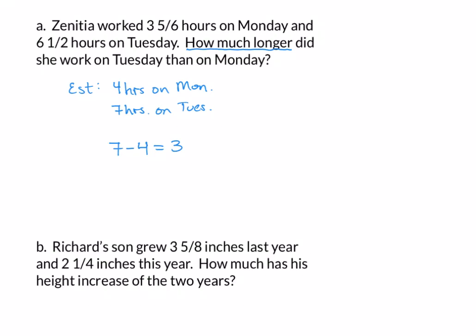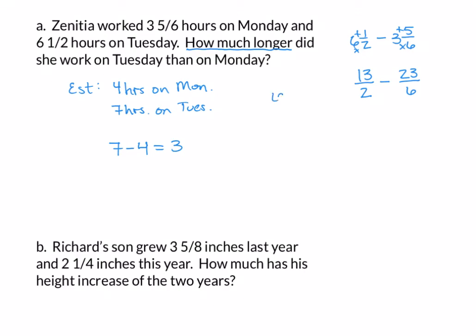So if we set this up, we get 6 1/2 minus 3 5/6. I'm going to go ahead and convert to improper. I get 2 times 6 is 12, plus 1 is 13, minus 6 times 3 is 18, plus 5 is 23 over 6.